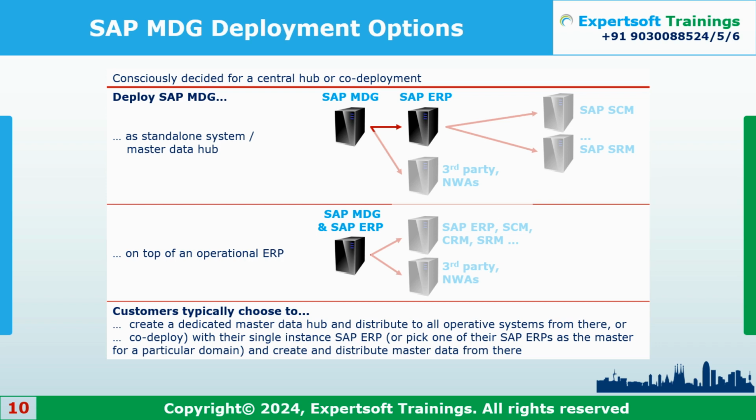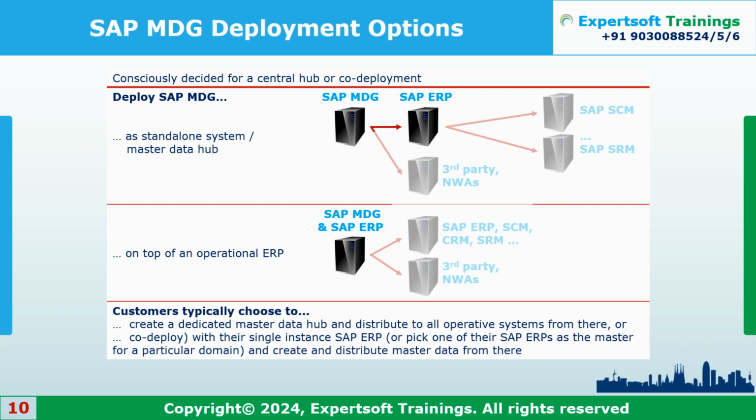My next question is, from the customer perspective, what is best or suggestible from the consultant perspective? Is it SAP MDG alone or the combination of MDG and ERP? Whenever we suggest, the best practice is to go for the hub deployment.